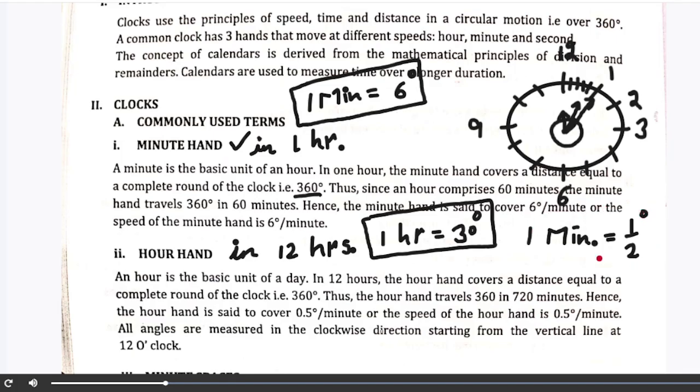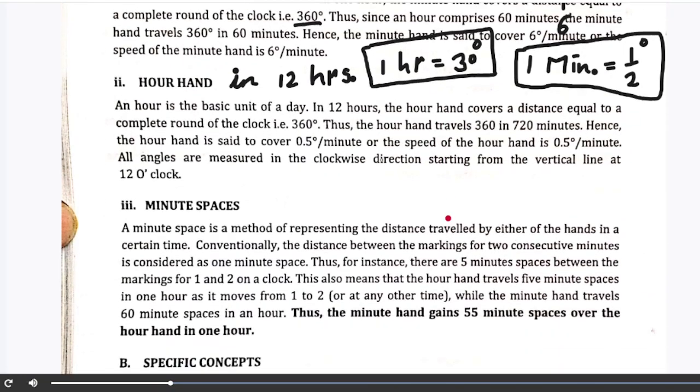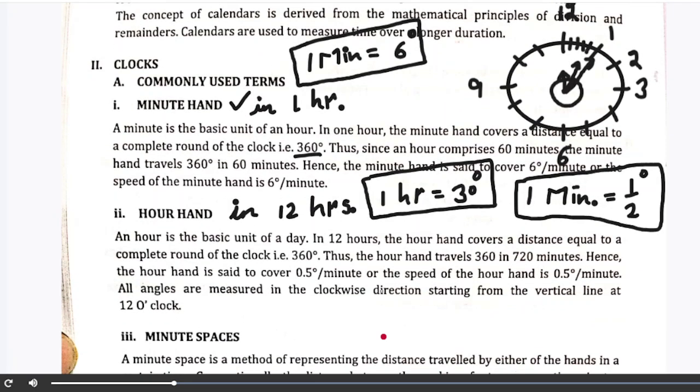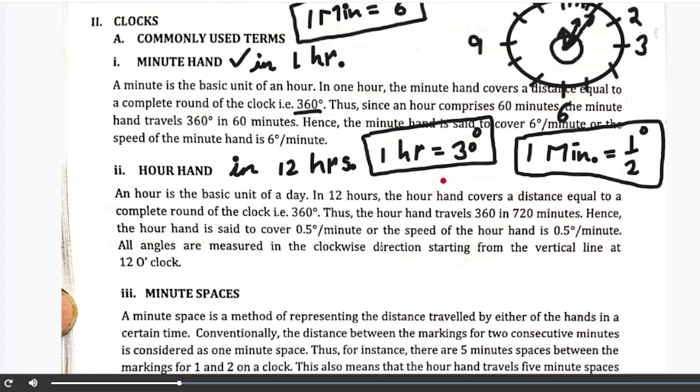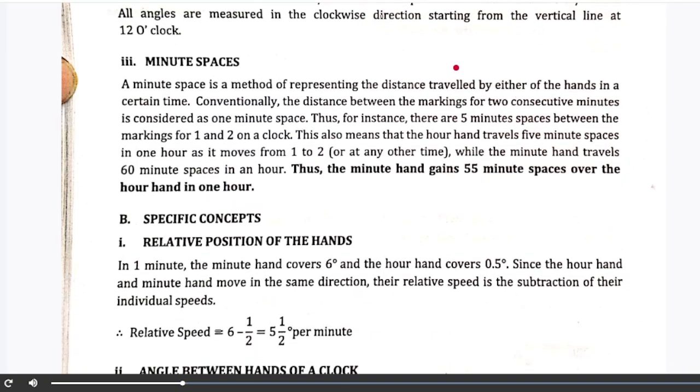The important results which we have. If we talk about the difference, it is quite clear that in every 1 minute, the minute hand surpasses the hour hand by 5.5 degrees, that is 11 by 2 degrees.